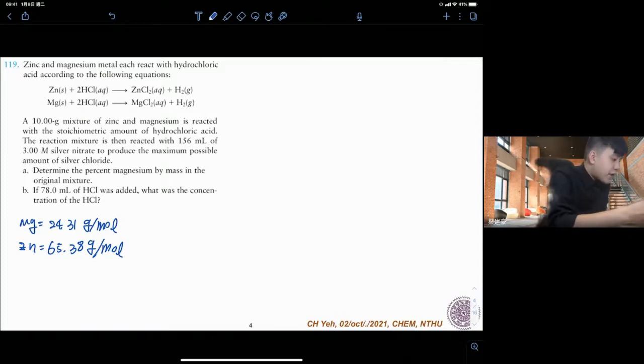Then the reaction mixture is reacted with 156 mL of 3 M silver nitrate to produce the maximum possible amount of silver chloride. So what happens later?